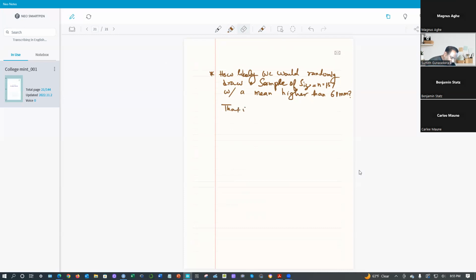You're looking for something like this: the probability, P stands for probability, that the sample mean is greater than or equal to 61. Which I'm going to write as y bar greater than or equal to 61.